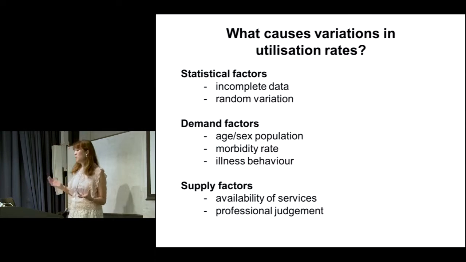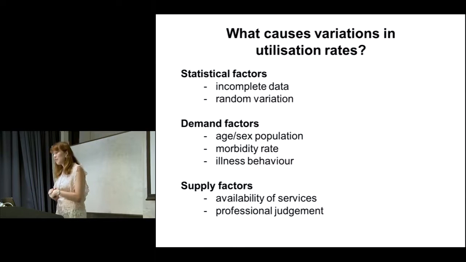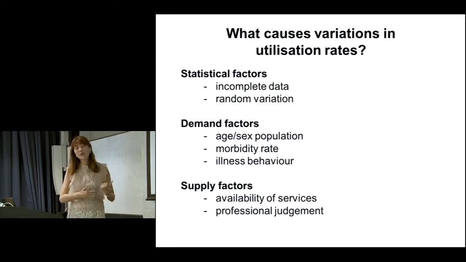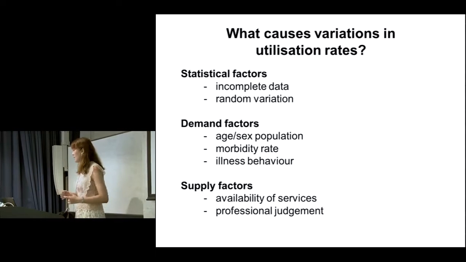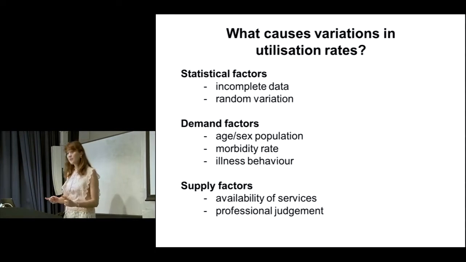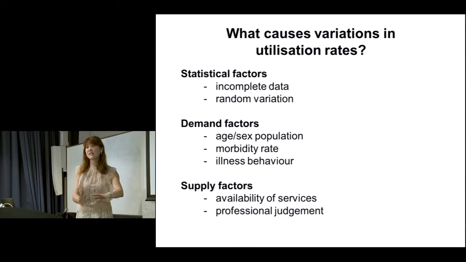Okay, so when people want to lower variation, there's often a belief that there's a hidden agenda, that you want to reduce variation to the lowest level because that's the best. We can reduce costs. But actually, in a lot of cases, except stroke units, we don't know whether the lower end or the higher end is better. For some things, it might be that we should be reducing variation to the lowest.